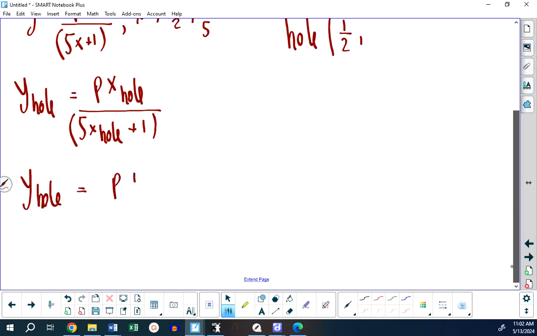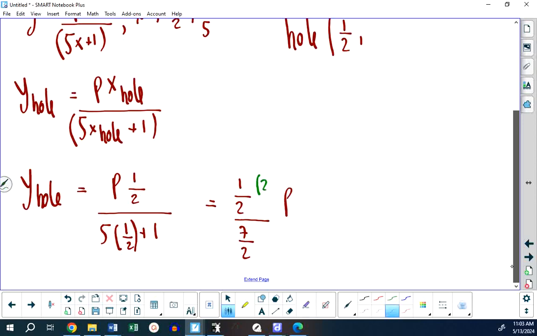We have p times 1/2 over 5 times 1/2 plus 1. So clearly we're going to get a p. What is this? This is 1/2 over 7/2. The bottom is 5 times 1/2 is 5/2 plus 1 is 7/2. This is times p. I can multiply the top and the bottom by 2, and I can see you've stopped writing. So you get it now, right?